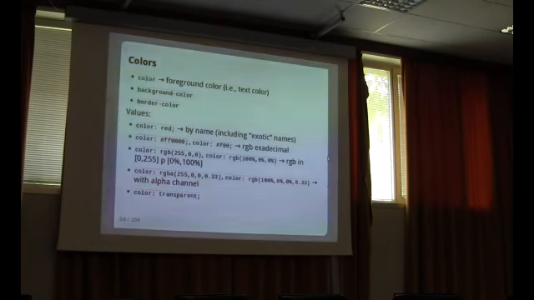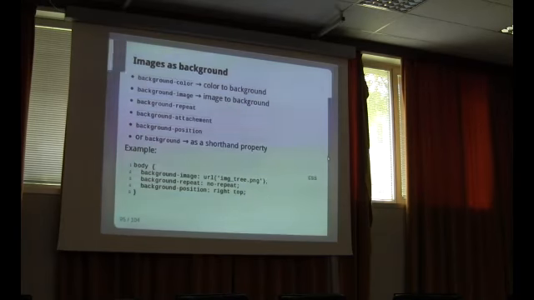When you give a value for a color property, you can use the color name, including exotic names, I mean names that you usually don't know, or you can use hexadecimal values, like using RGB channels, or decimal values, percentage values, or also you can use the alpha channel, which is a channel for specifying the transparency of the color.